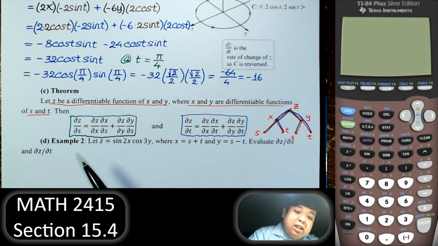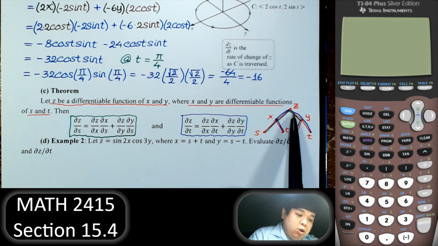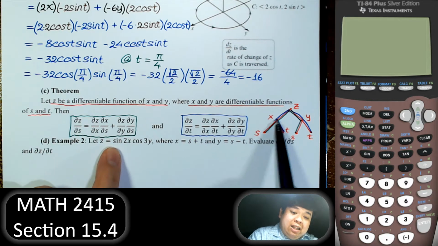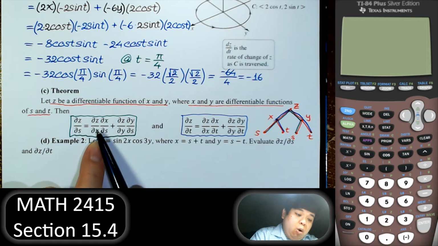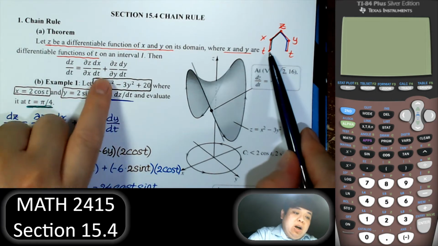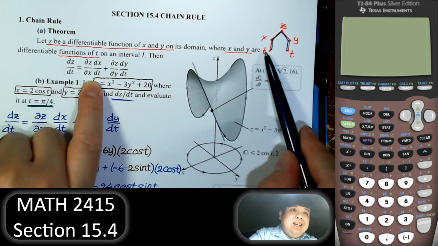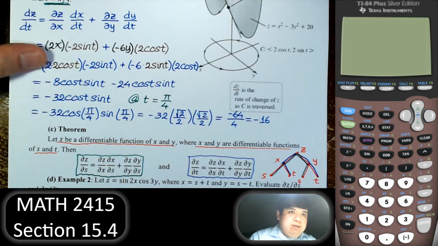And notice that in this case, z has two variables, so that is a partial derivative. And x and y also have two variables, s and t, so all of them are partial derivatives. If we just have one variable, we're going to use the d, which is the regular derivative.